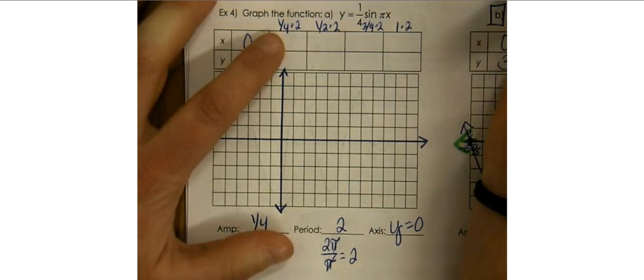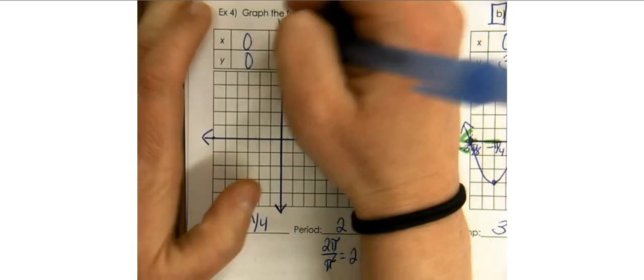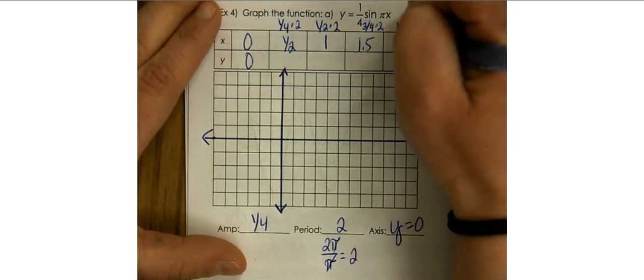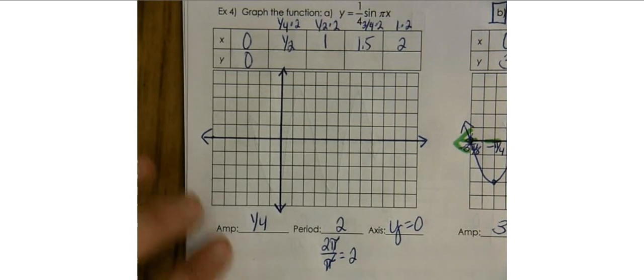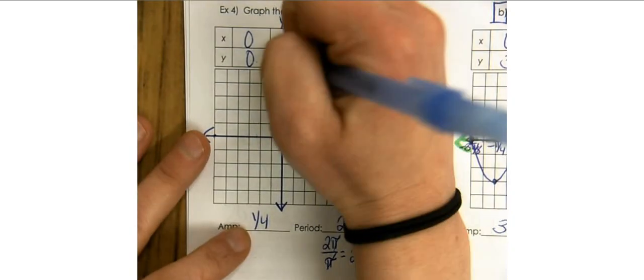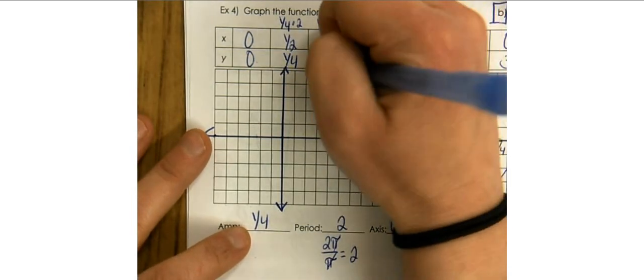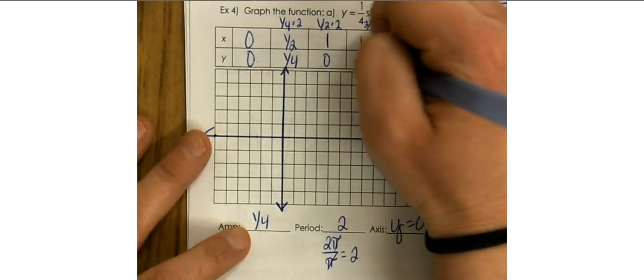So 1/4 times 2, a fourth of 2 is 1/2, half of 2 is 1, 3/4 of 2 is 1.5, and 1 times 2 is 2. So those are my x values, and my y values are going to be based on my amplitude. So that's 0, up to 1/4, 0, down to -1/4, and then back to 0.